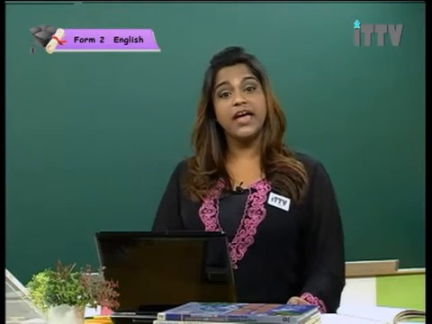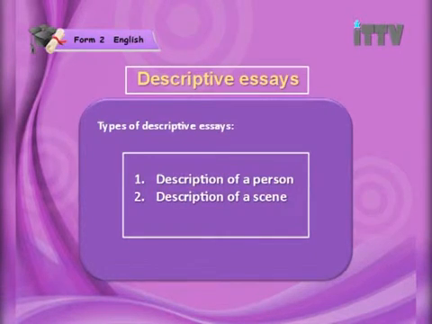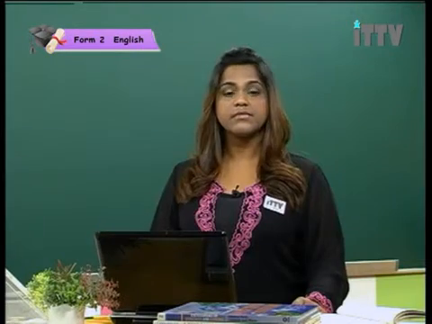Now let's take a look at the different types of descriptive essays. The different types of descriptive essays are description of a person, description of a scene, and a description of an event. Let me teach you how to describe a person.